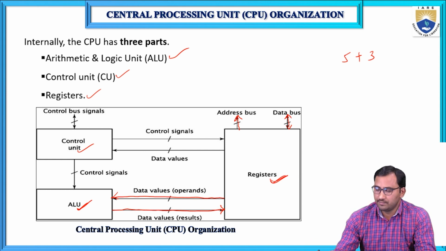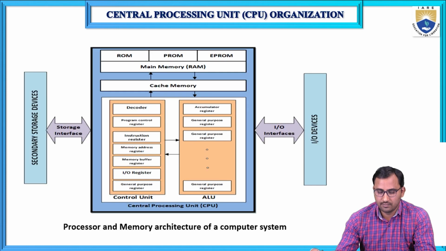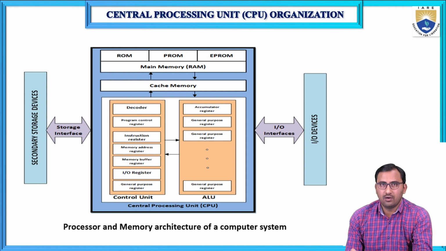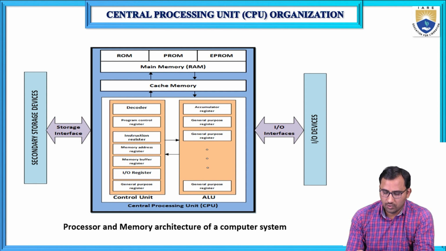of the computer. So this is a processor and memory architecture of a computer system. This is the internal architecture of the computer system. It consists of the CPU, the central processing unit.